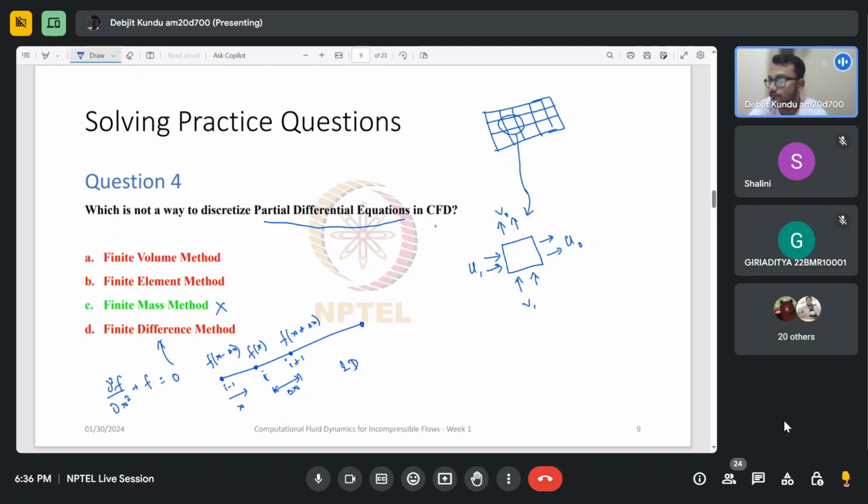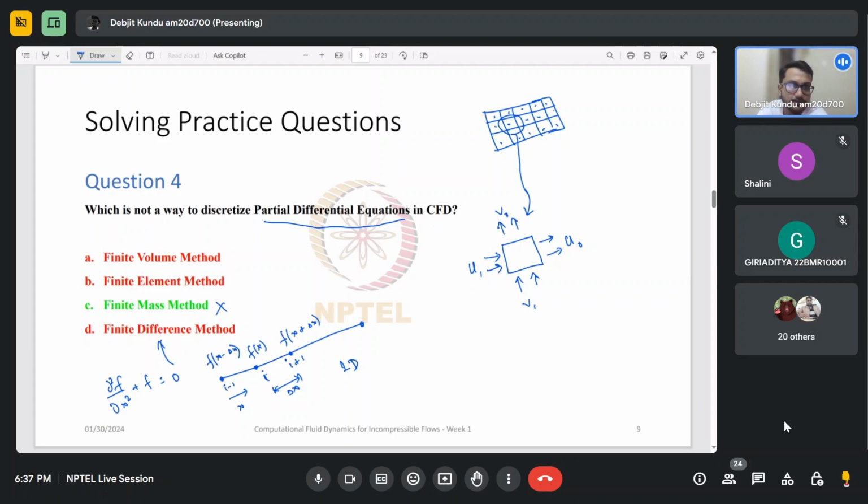We will use finite volume to discretize whatever governing equations we have for this small rectangle, and we will repeat that for all the rectangles in this entire computational domain, so to say. The aggregate effect of that should be that we will get a solution for the entire domain. That is the finite volume method.